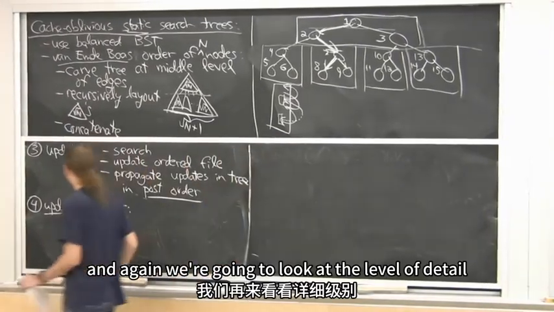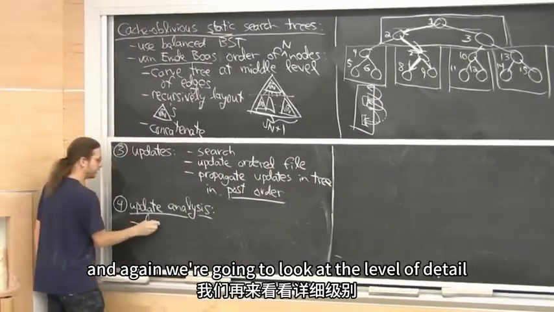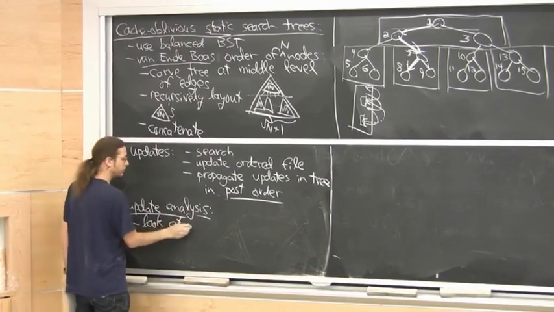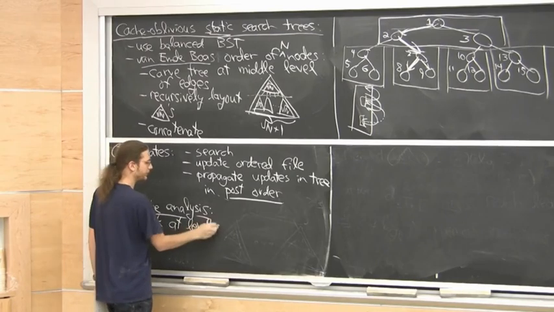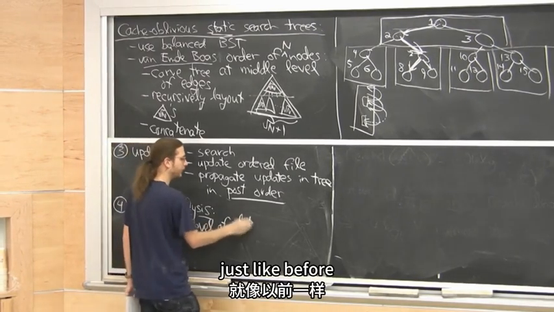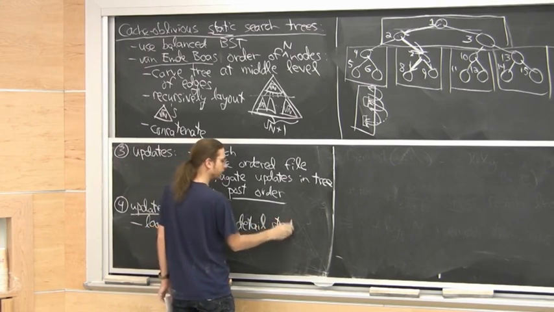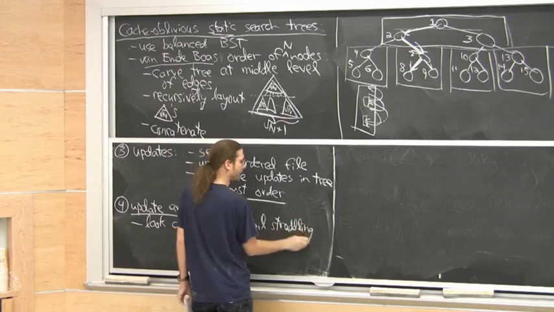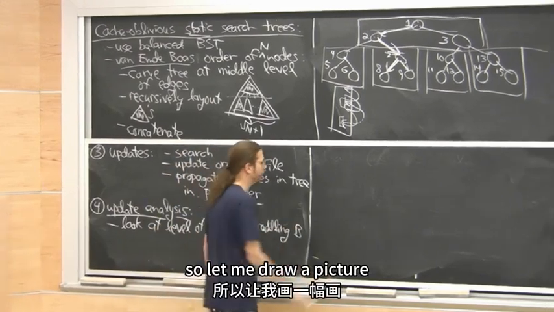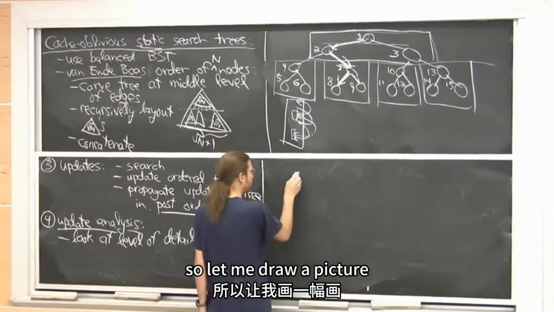And again, we're going to look at the level of detail that straddles B, just like before. So let me draw a bit of the picture.